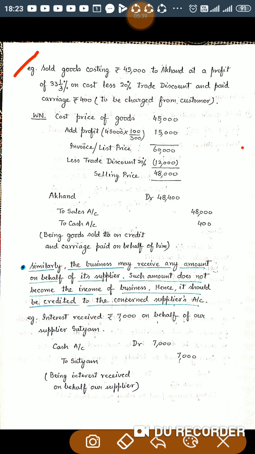First of all we should calculate the selling price, because in the transaction profit margin as well as trade discount is given. So first of all cost price calculation I have shown as a working note. Cost price of the goods is 45,000, add profit that is 33 1/3%, that is one third.